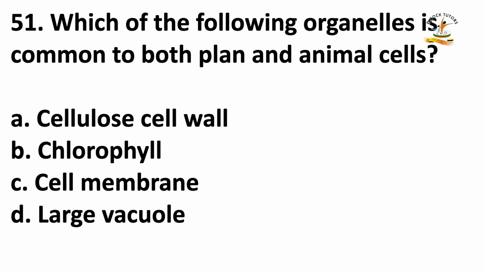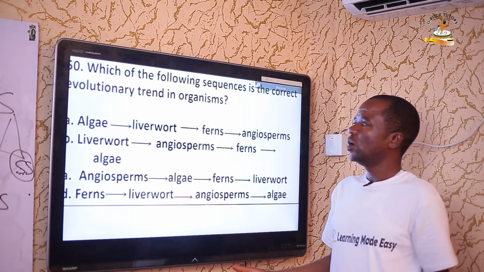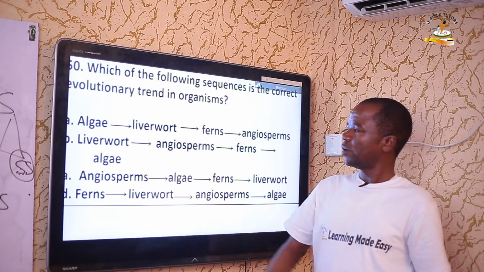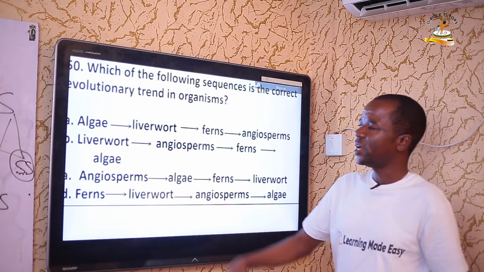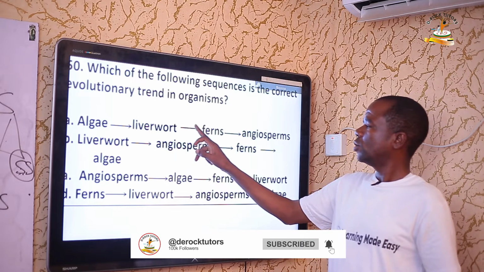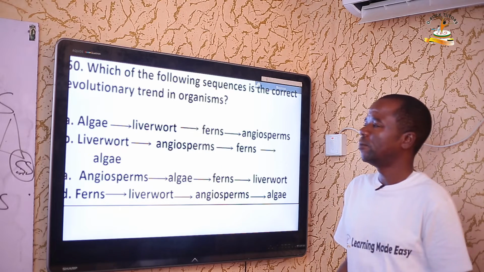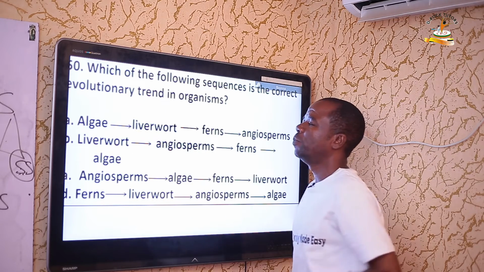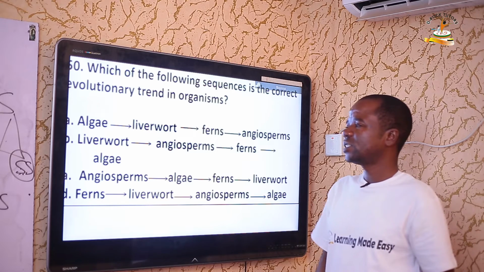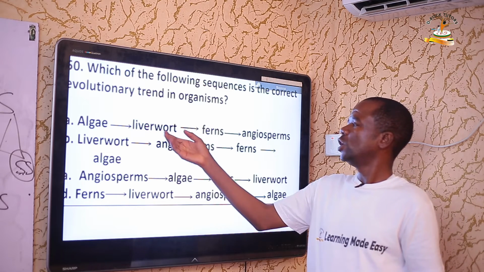Number 51. Which of the following sequences is the correct evolutionary trend in organisms? If you look at all the 4 trends, the correct answer here is A, algae to liverwort, liverwort to ferns, and fern to angiosperm. We know that algae and fungi belong to the phylum Thallophyta.